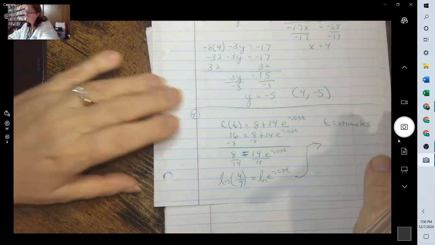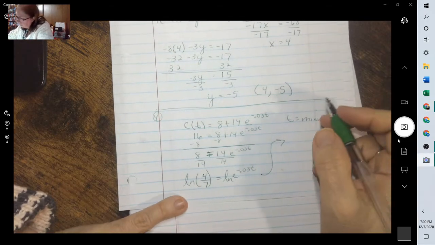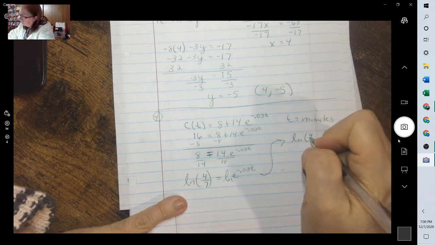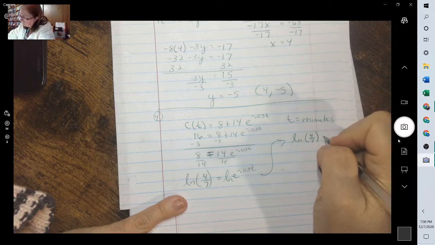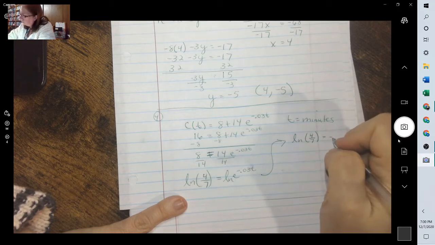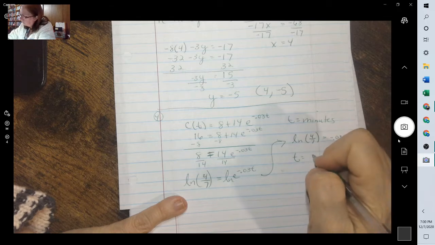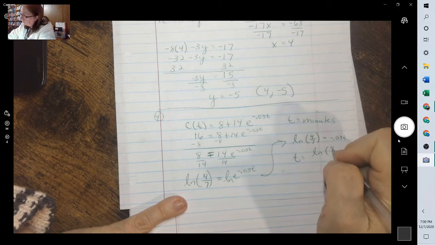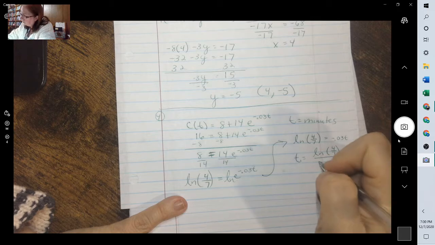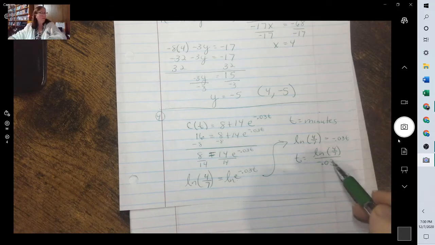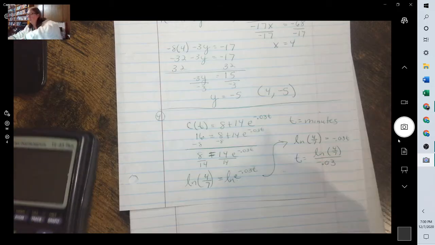These two cancel. Now, if you need an exact value, this would be it, but it said to round to the 10th.